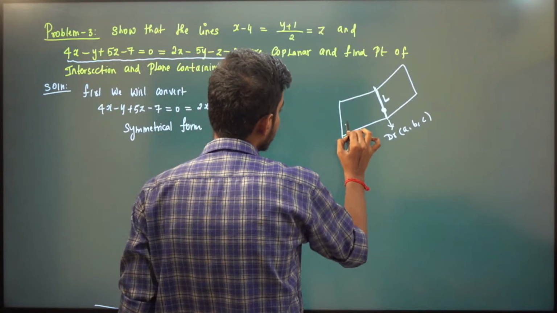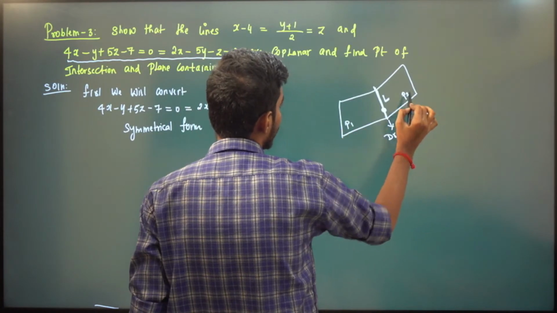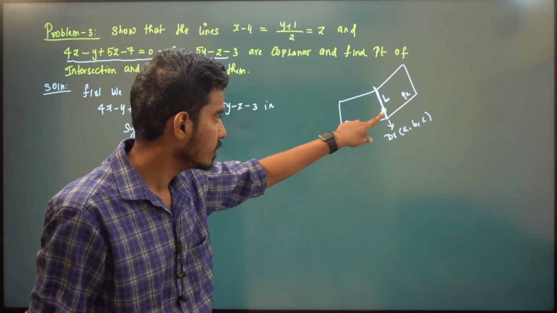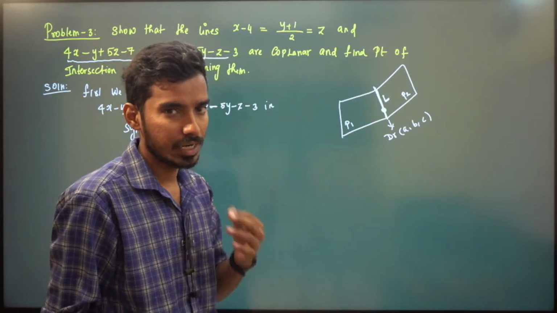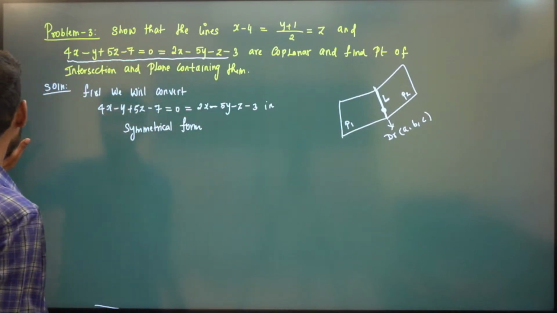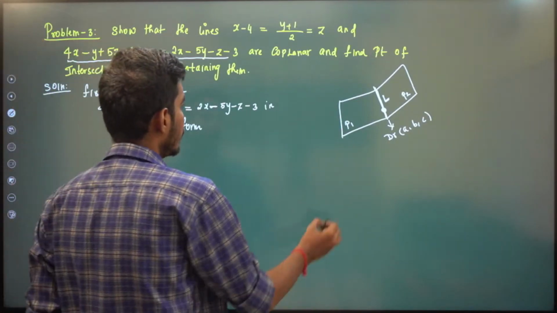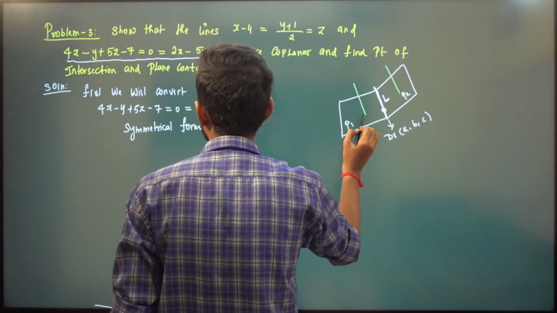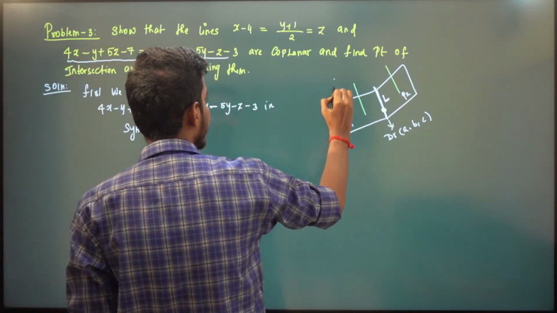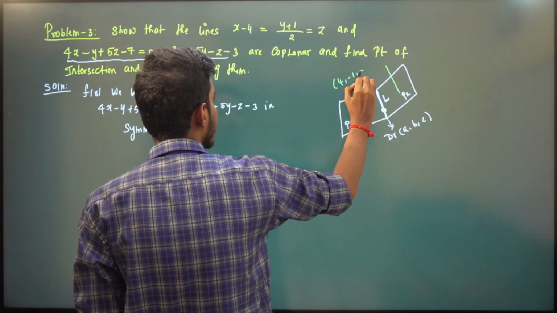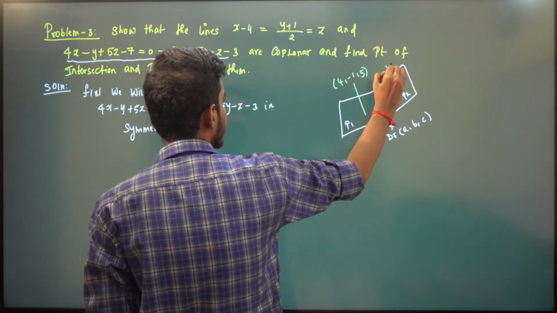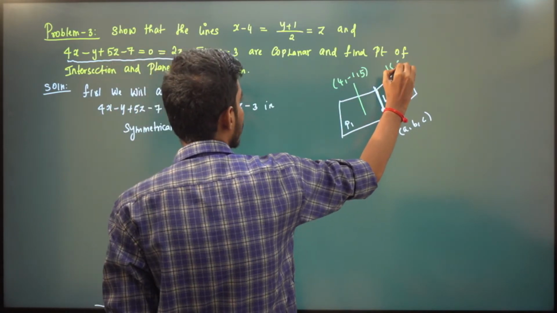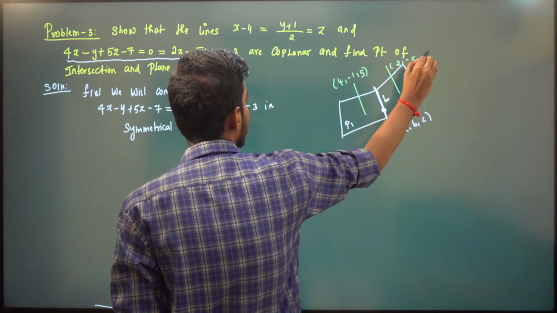They are given two planes, P1 and P2. We need to know two things: one is the direction ratio of this line, the other is any coordinate. We already know the procedure. The direction ratio of the normal to P1 is 4, minus 1, 5. The direction ratio of the normal to P2 is 2, minus 5, minus 1.